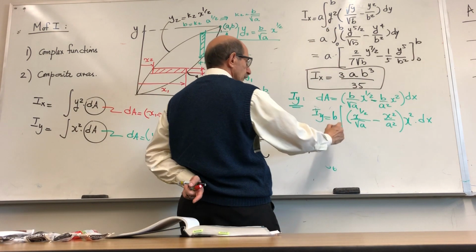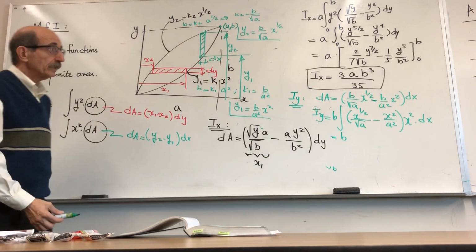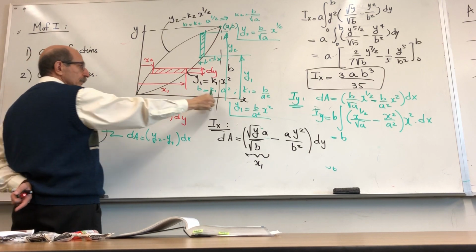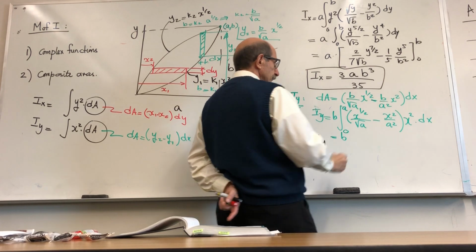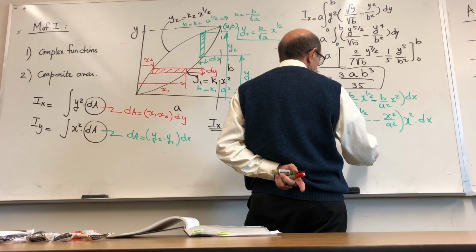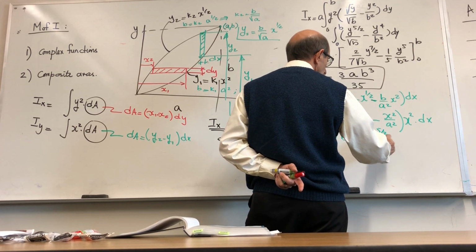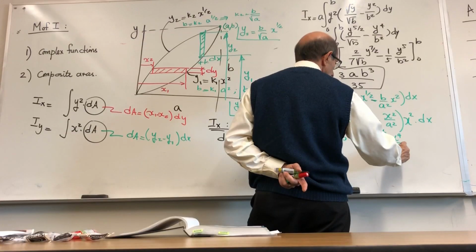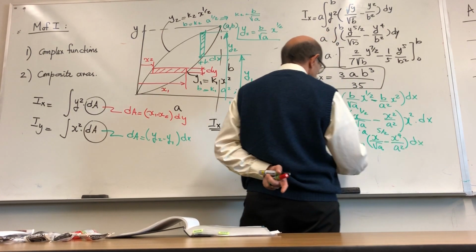So let's simplify that, you get b, and dx, in this case, goes from 0 all the way to a, so that's the bound of integration. So you have this times the integral from 0 to a of x^(5/2) over square root a minus x^4 over a squared dx.